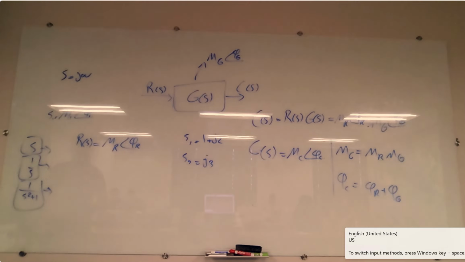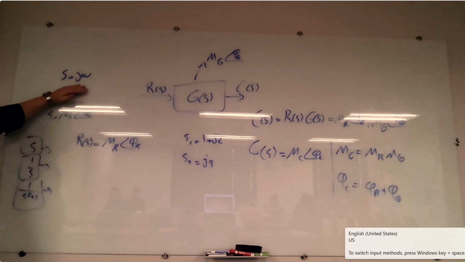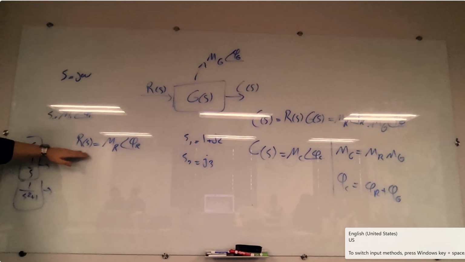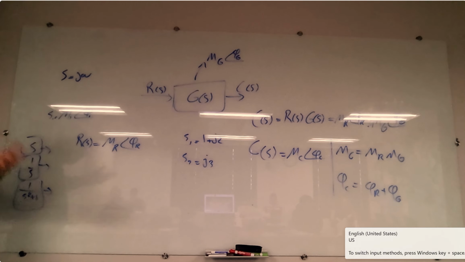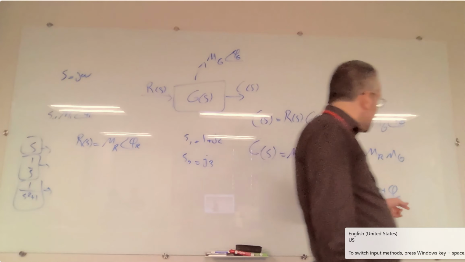Now, in the frequency domain, we have a much easier ride when we talk about the frequency response, because our S is purely imaginary. So we don't have a real number at the S. When we have R of S, most of the time it's playing with pure imaginary, plus j something or minus j something. Make sense? So it is going to be much easier to find the phase.